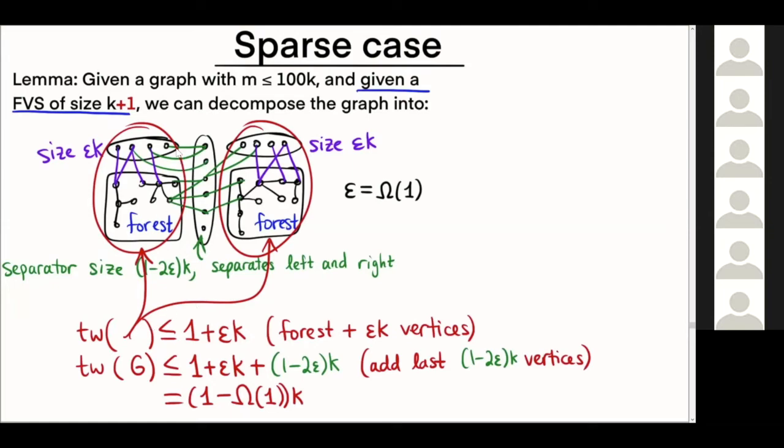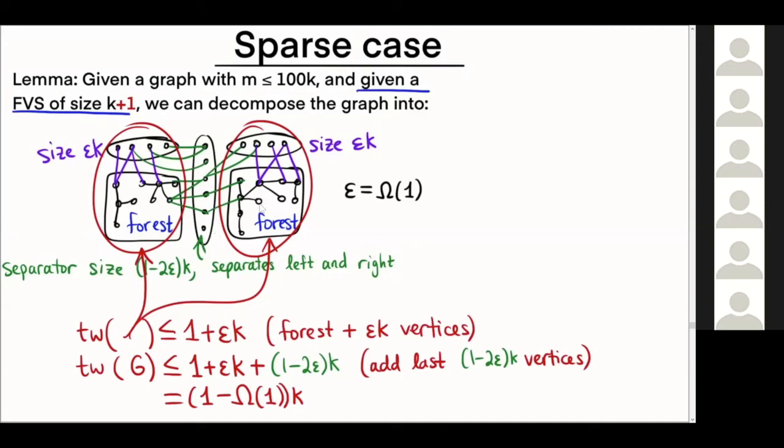So in this case, the tree width of the forest plus these epsilon k vertices can be at most 1 plus epsilon k. And this is true for the other side as well. Now, these two graphs are disjoint without the separator. So since each graph has tree width at most 1 plus epsilon k, the disjoint union of two graphs with no edges in between cannot increase the tree width. You just get the max of the two tree widths.